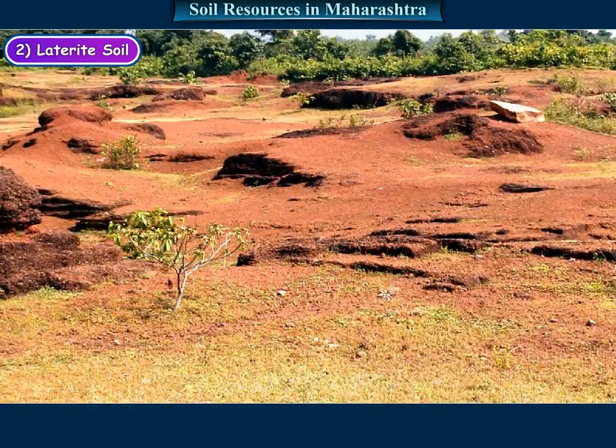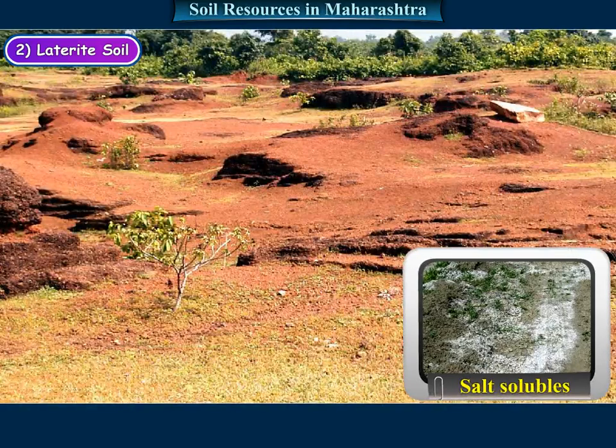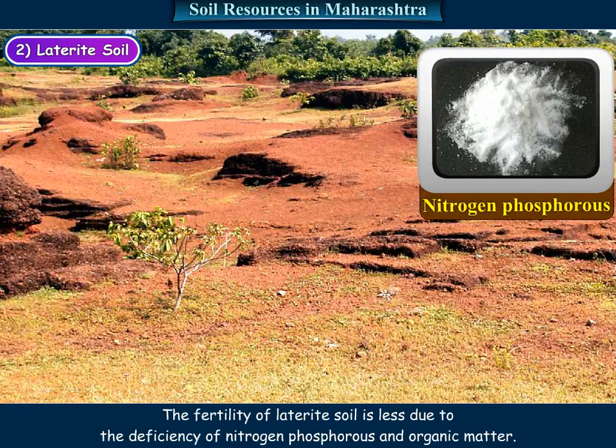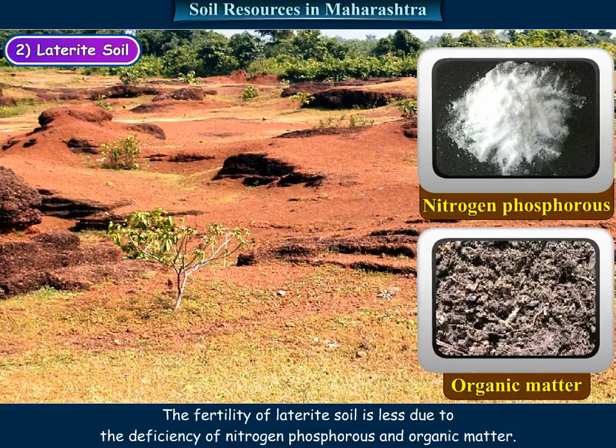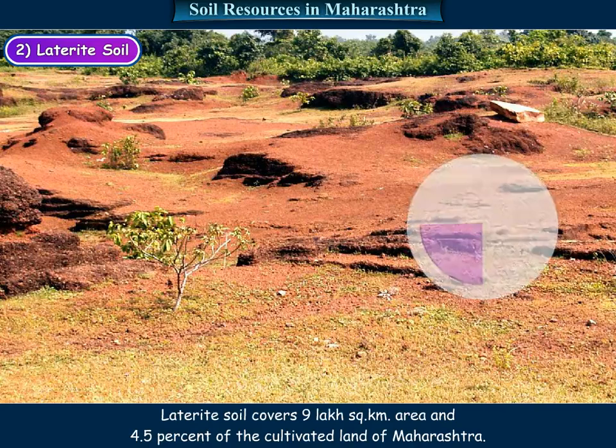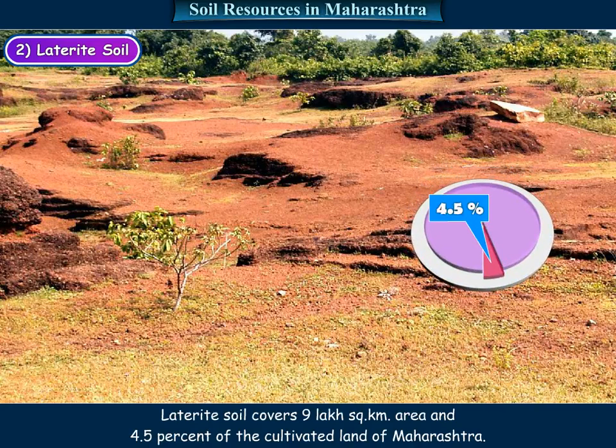Laterite soils are formed due to the extraction of these soluble salts. The fertility of laterite soil is less due to the deficiency of nitrogen, phosphorus, and organic matter. Laterite soil covers 9 lakh square kilometer area and 4.5% of the cultivated land of Maharashtra.